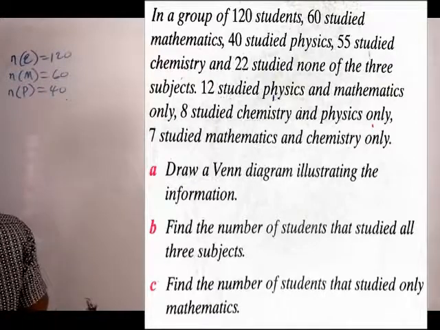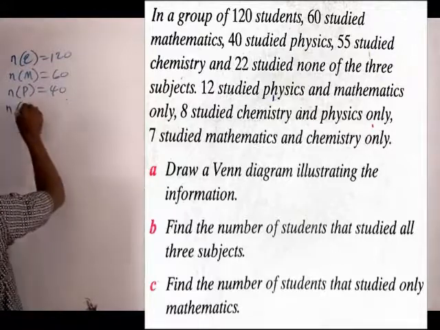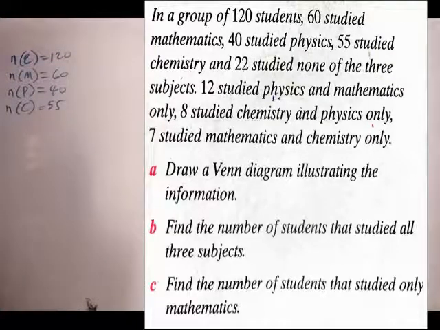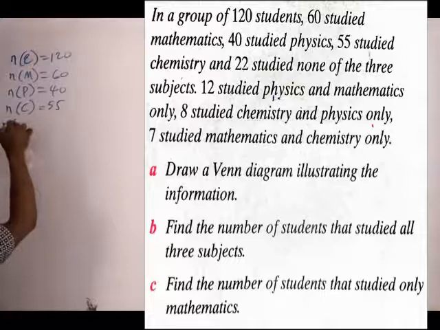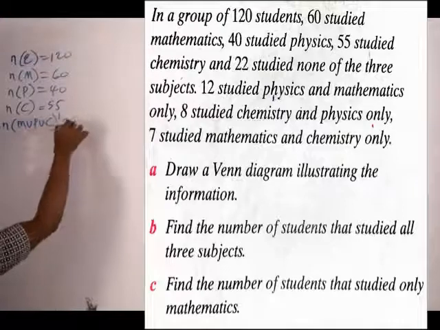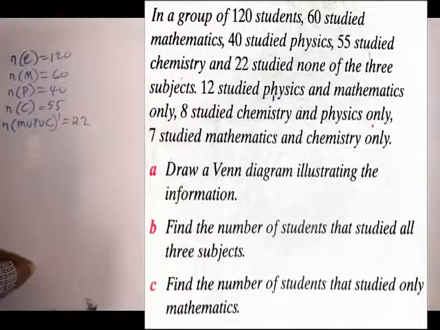And 55 studied chemistry, number that studied chemistry, we have 55 of them. 22, none of the 3 subjects. So these 22 did not study mathematics, nor physics, nor chemistry. And there are only 22 of them.